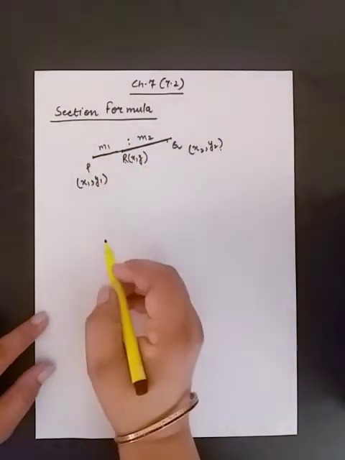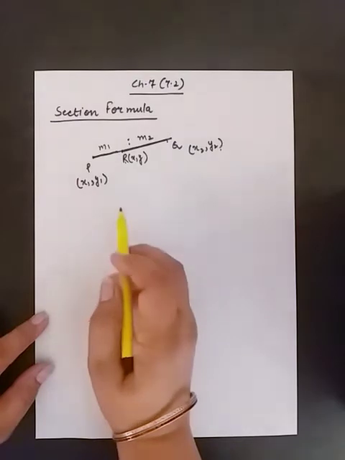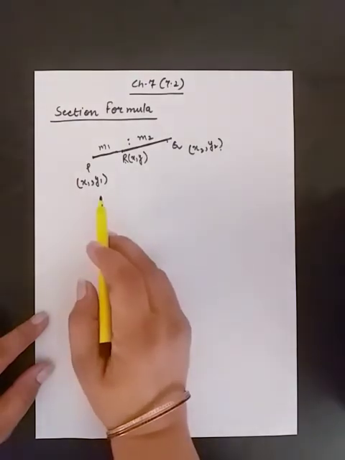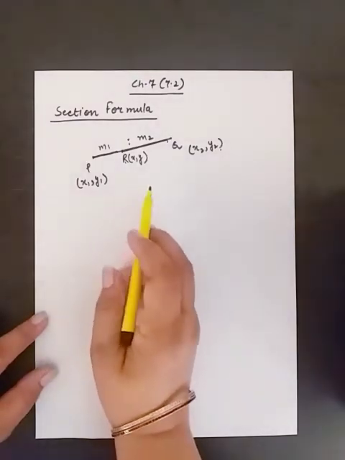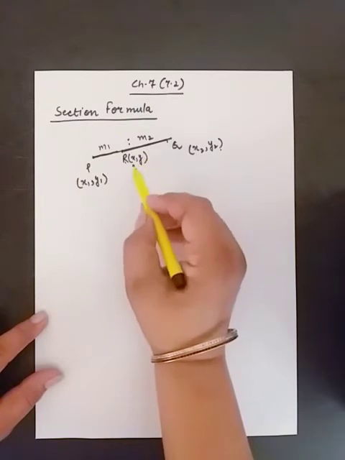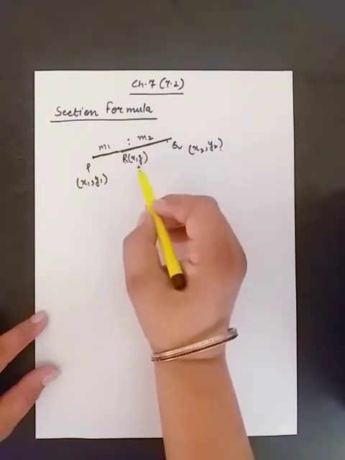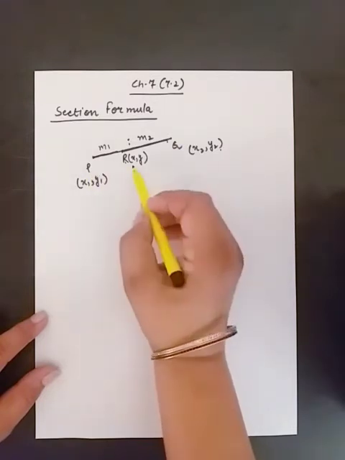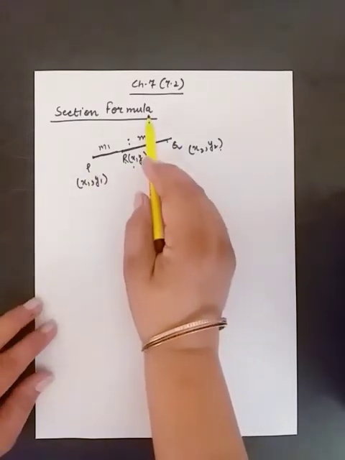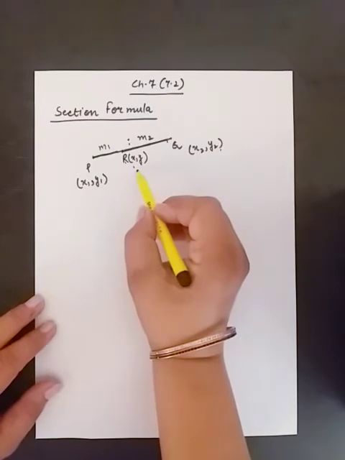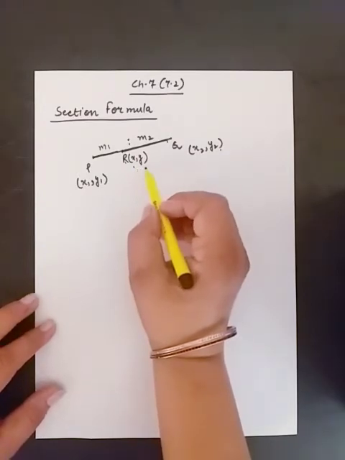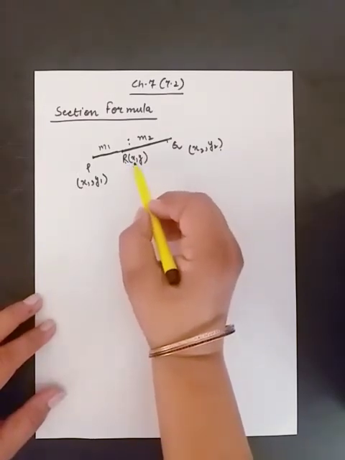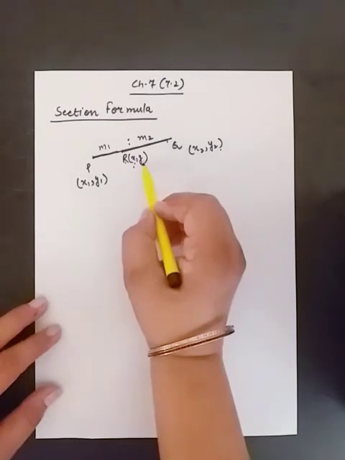So how to apply the section formula and for which point is this section formula? The section formula is to find the coordinates of the point of intersection. Here the point of intersection is R. So by using the section formula, we can find the coordinates of point R. Meaning we can find its abscissa and we can find its ordinate.